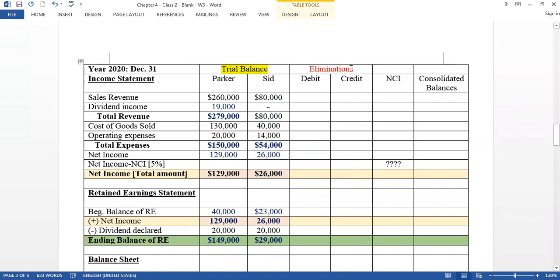Then we have to come to the elimination part. For elimination, we need to do some journal entries that we already learned from chapter 3. But today I will add one more journal that I will show you very soon.